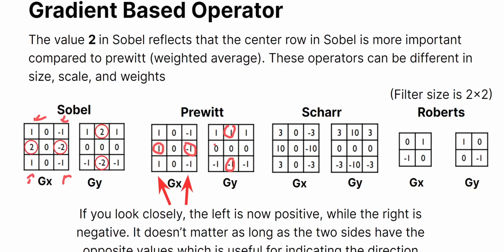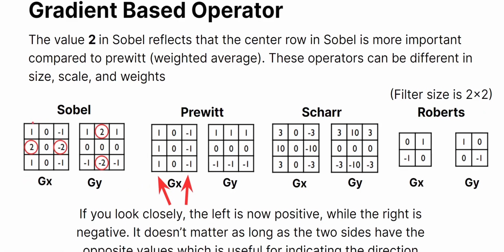Based on that, it will have different results on the gradient. Based on the size, the scale and the weight, we can have different types of gradient-based operators. Even the Scharr, the weight is different, and the Roberts size is just 2 by 2.